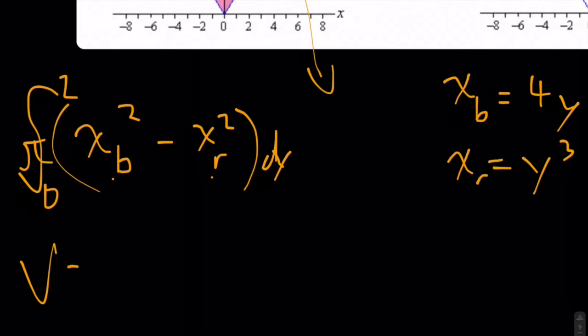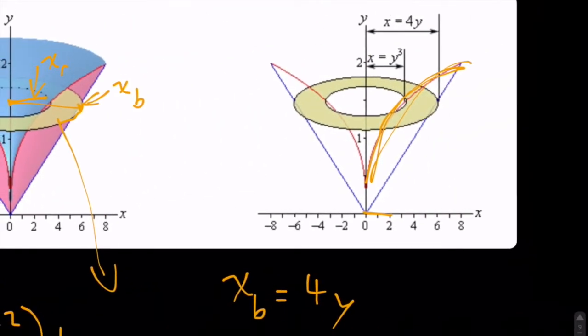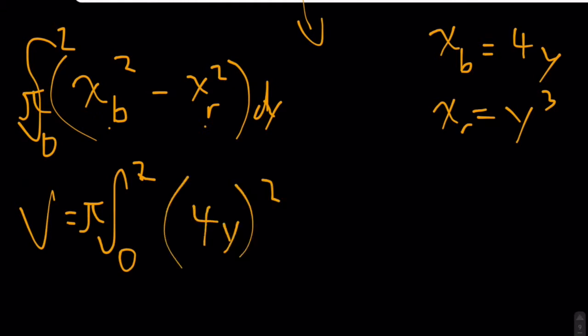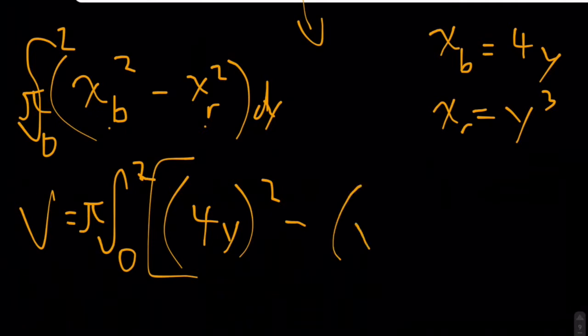So the volume equals the integral from 0 to 2. And remember, it's 0 to 2 because we're going along the y-axis, and from the y-axis, the figure takes up the space from 0 to 2. We take pi out as a constant, and integrate (4y) squared minus (y cubed) squared.